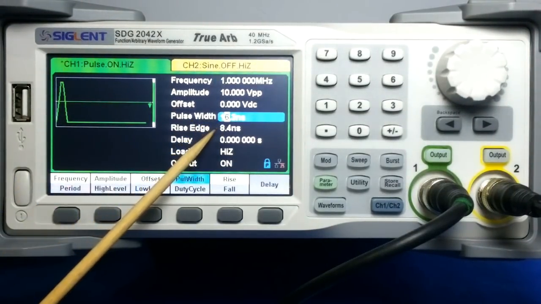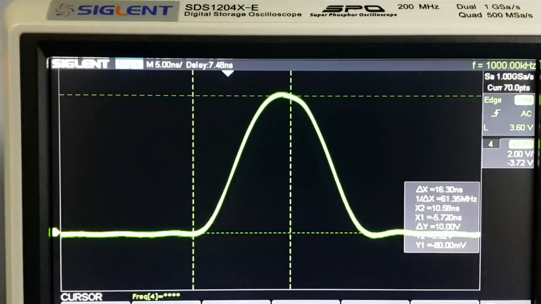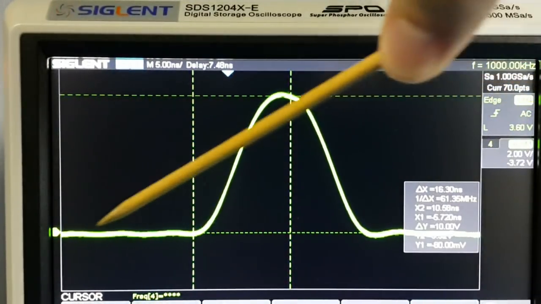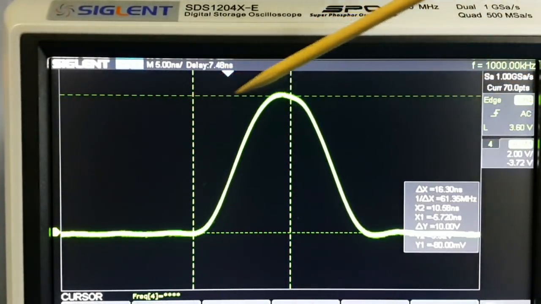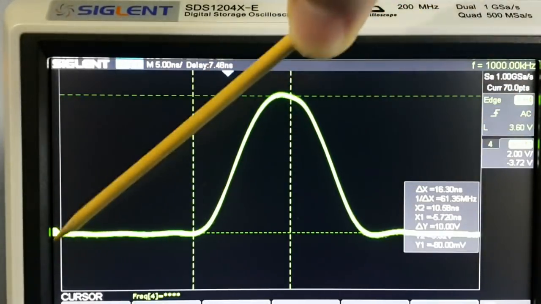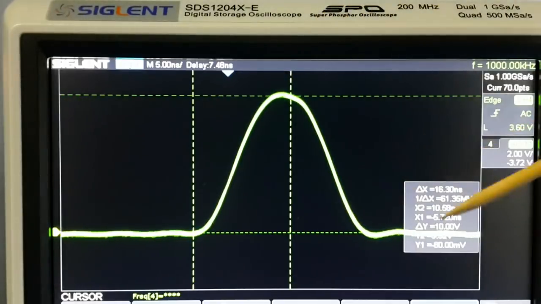8.3 nanoseconds, 8.4 nanoseconds. So from 0 to up, without the distortion, will be something like this. With the cable distortion is what we got.